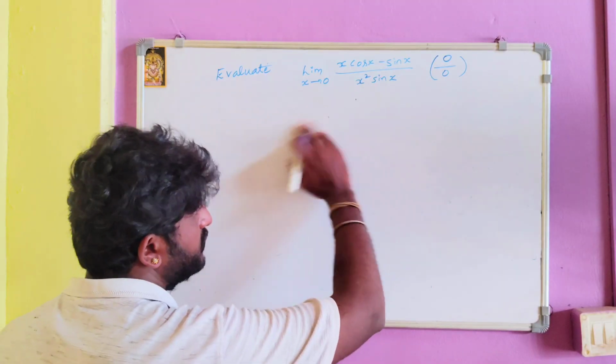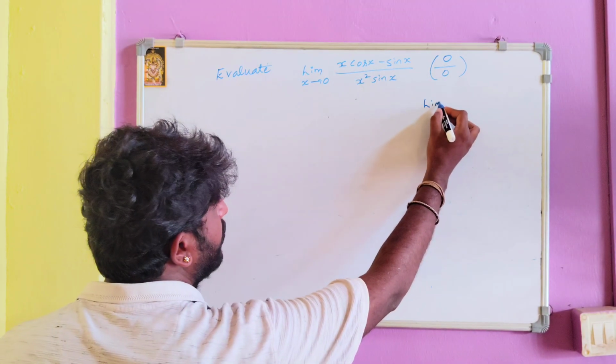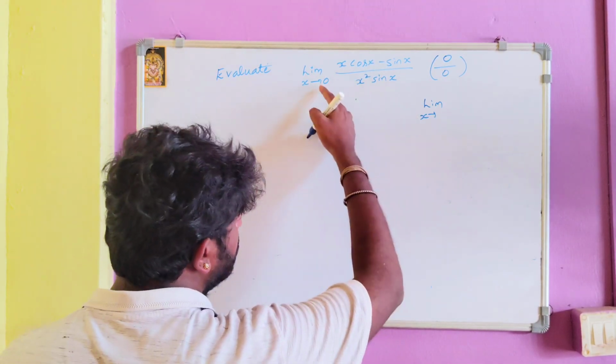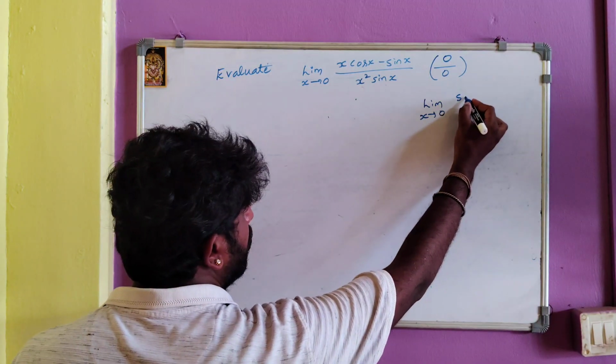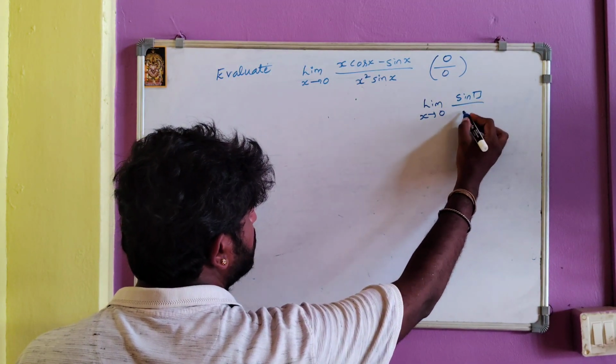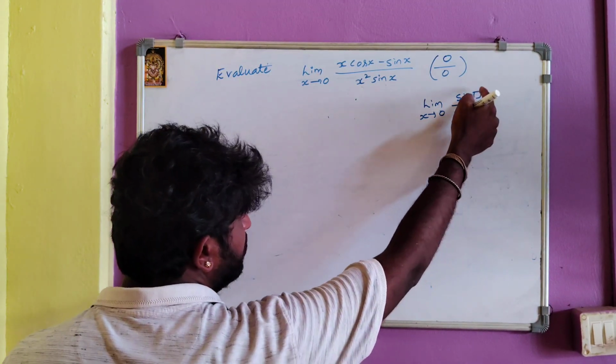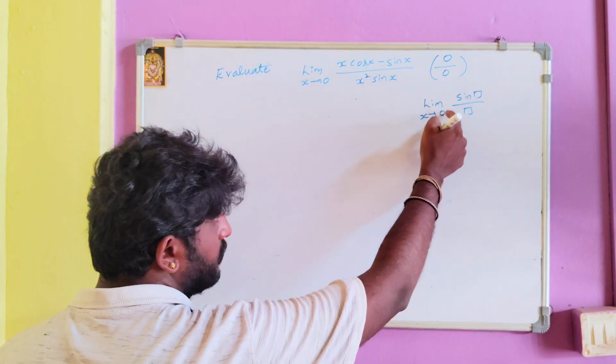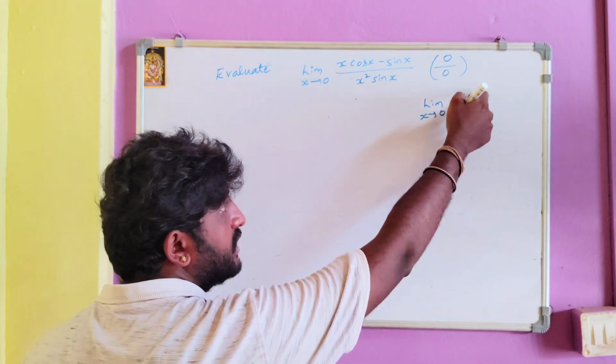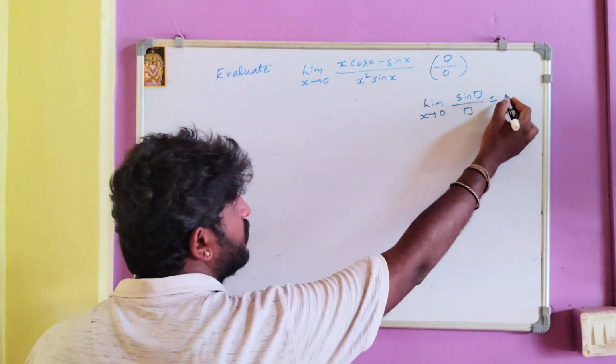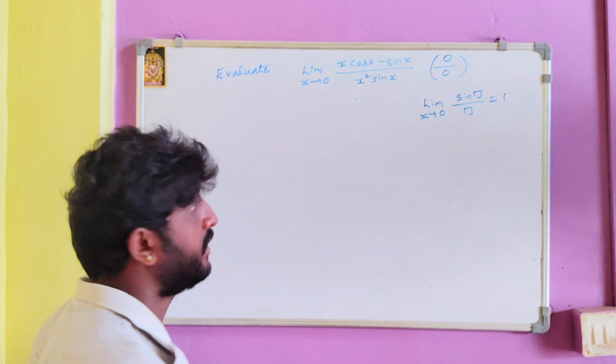Because we know that limit x tends to 0, sine of something by something, if this something is approaching 0, this value equals 1, right?